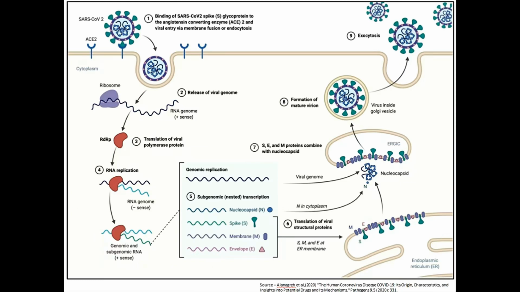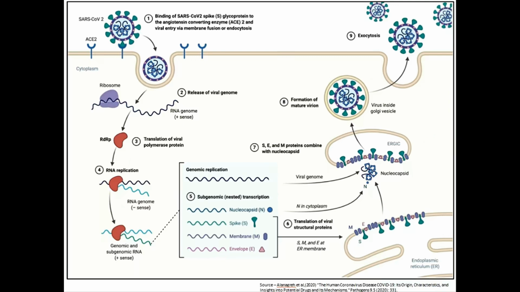Following replication and subgenomic RNA synthesis, the viral structural proteins S, E and M are translated and inserted into the endoplasmic reticulum, indicated in step 6. These proteins move along the secretory pathway into the endoplasmic reticulum Golgi complex. Then the viral genome is encapsulated by N protein and they bud into the membrane of the Golgi complex containing viral structural protein, indicated in step 7.